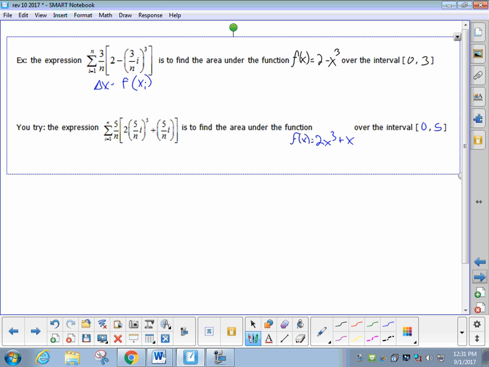All right. Now, if I were to ask you for the interval from 2 to 8 using three right-hand rectangles, with me? What's the first f at? F at 4. What's the delta x? 2.